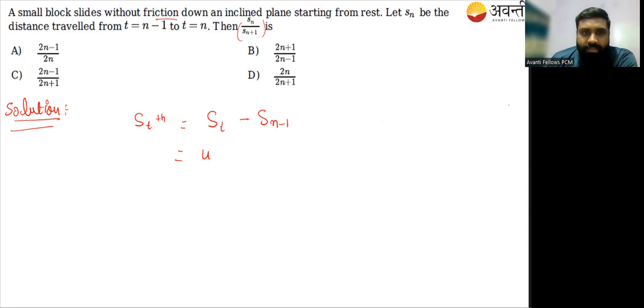So it will be Stth equals ut plus 1 by 2 times a t square, acceleration will be the same for both, minus u into t minus 1 plus 1 by 2 a into t minus 1 whole square.